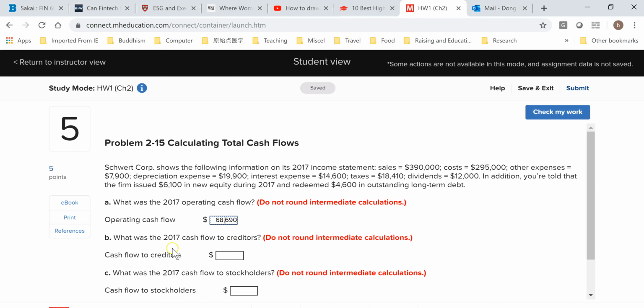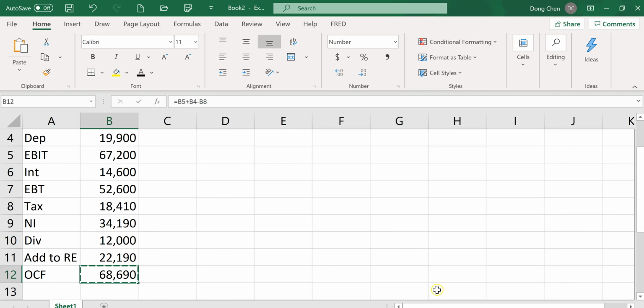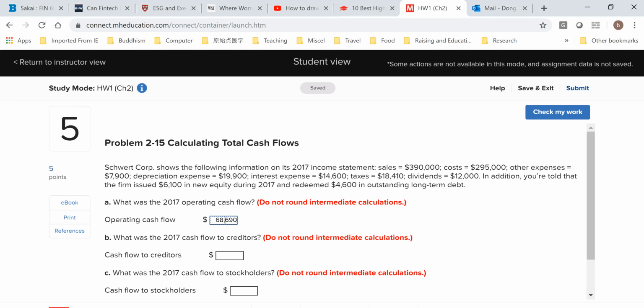And part B, what was the 2017 cash flow to creditors? So for creditors, we know that they can get cash flows in two forms. One is this interest payment. The other one is the change in the amount of debt the firm issues, especially the long-term debt, because in general only the long-term debt has the interest.